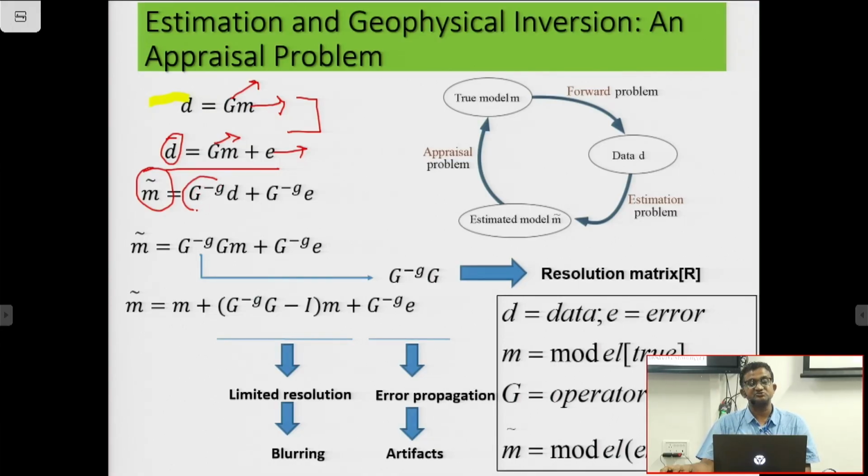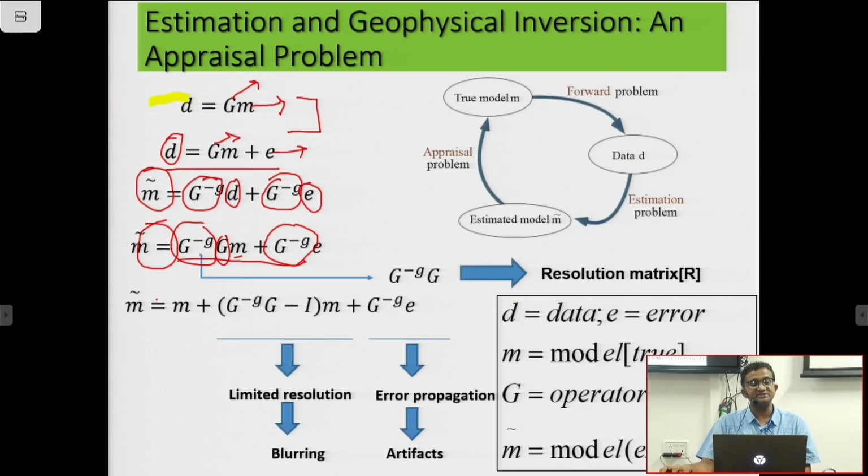So this is the generalized inverse operator operating on d, and this generalized inverse operator also acts on the error term, which gives the formulation: estimated m equals G dagger G m plus G dagger e.